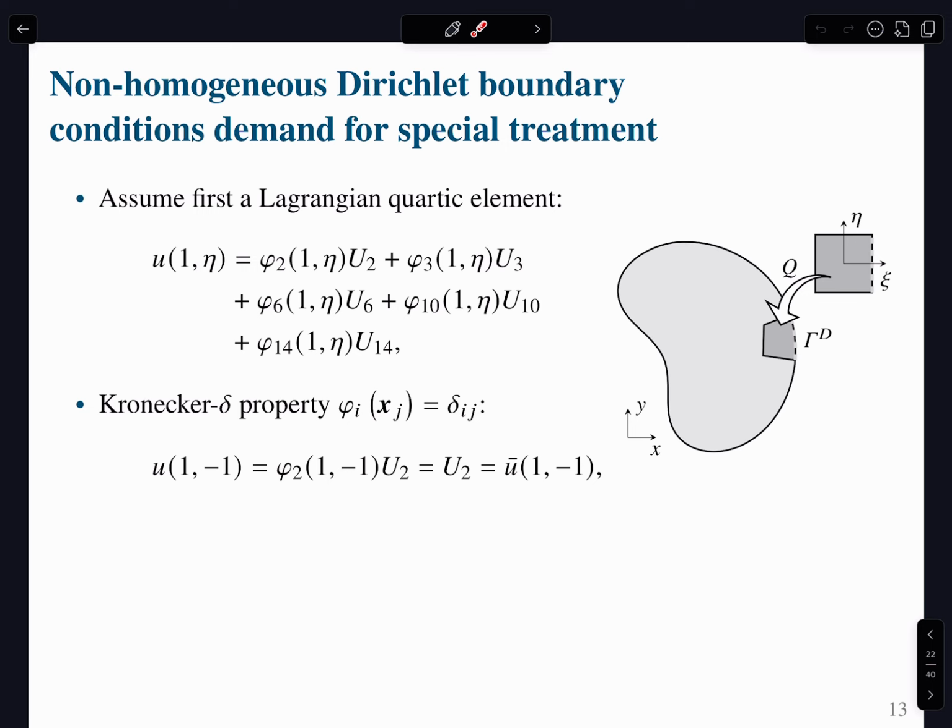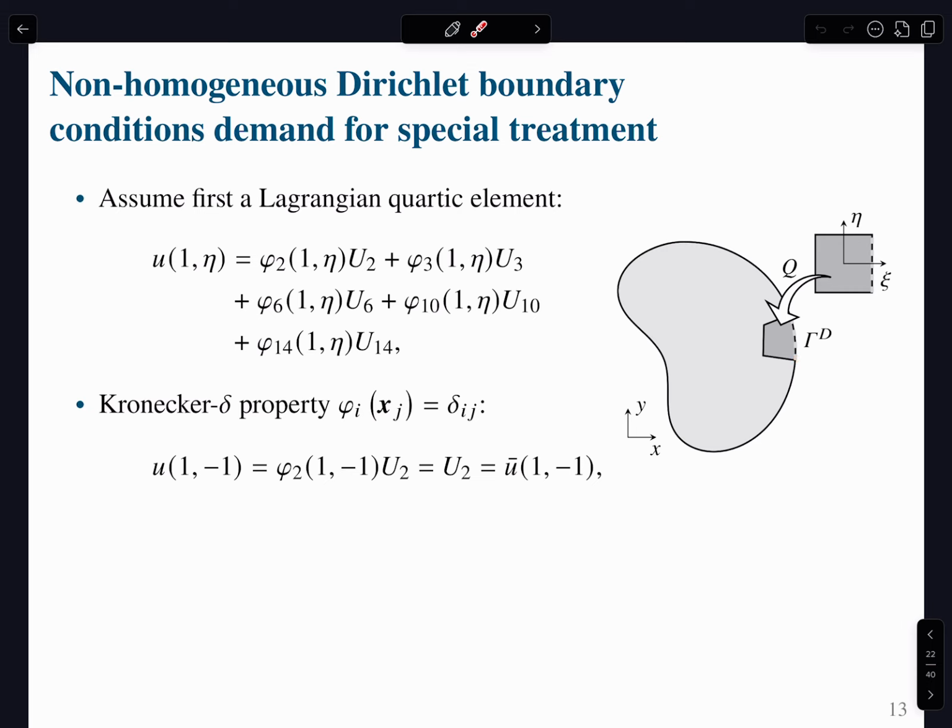Because if I use that property, the Kronecker delta property, if I want to prescribe the displacement at this node right there, I just simply need to do U of 1 comma minus 1, because I'm here, equal to phi2 U2. And I know that this guy is equal to 1 because of the Kronecker delta property. That function phi2 is going to be equal to 1 at this node and equal to 0 at every other node.